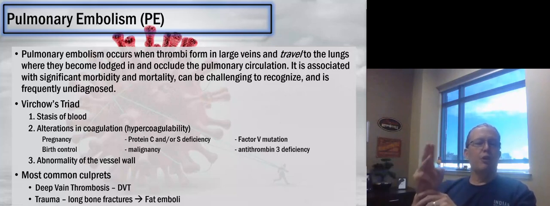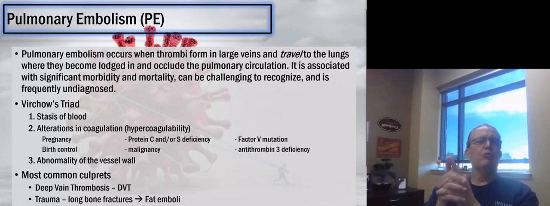And those three things are the components of what's called Virchow's triad. Virchow's triad is a three-part component that highlights the main contributions to the formation of a clot.